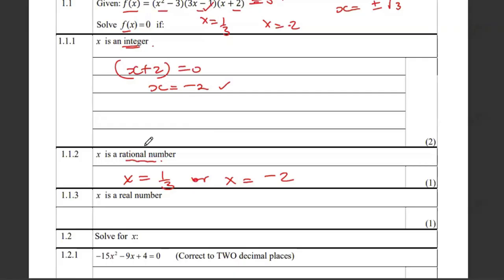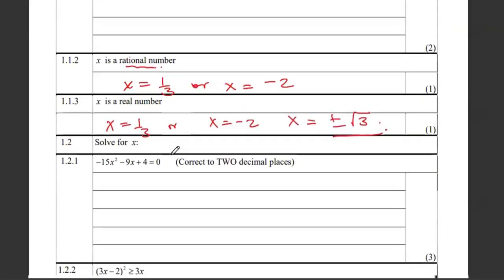And if x is a real number, then we can have all three, because all three will be real numbers. So x is a third, x is negative 2, and x can be plus or minus square root of 3. Whichever the examiners wanted, that's how I would have presented the answers.